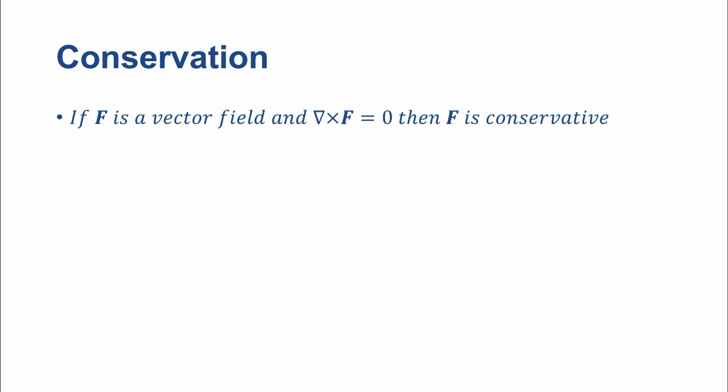Well, if F is conservative, this means that F is equal to nabla f. So F would be, if it's three-dimensional, the derivative of f with respect to x, the derivative of f with respect to y, and the derivative of f with respect to z.